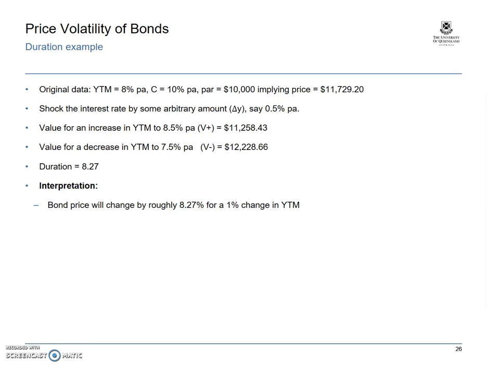We then use the duration formula using those new values, and we find that the duration is 8.27%. And how do we interpret that? Well, that's telling us that the bond price will change by roughly 8.27% for a 1% change in the yield to maturity.